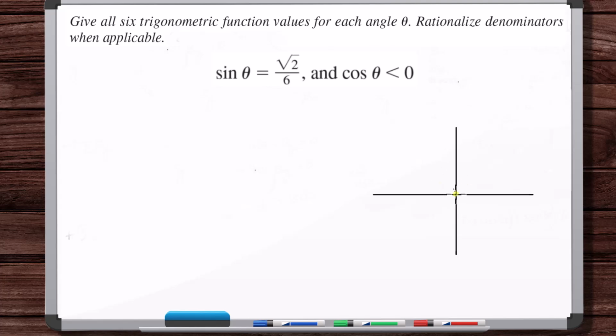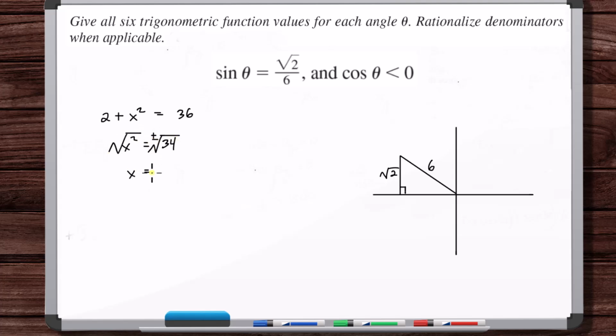So sine is opposite over hypotenuse, so we can make the hypotenuse 6 and this root 2. And now we can use the Pythagorean theorem to get this, but we're going to make it negative, though. That's the key. So root 2 squared is 2, plus x squared, we don't know, is equal to 36, 6 squared. So x squared is equal to 34.